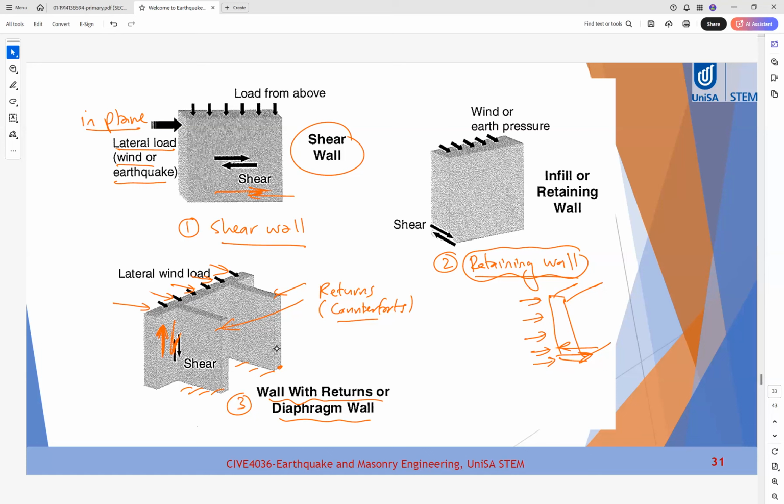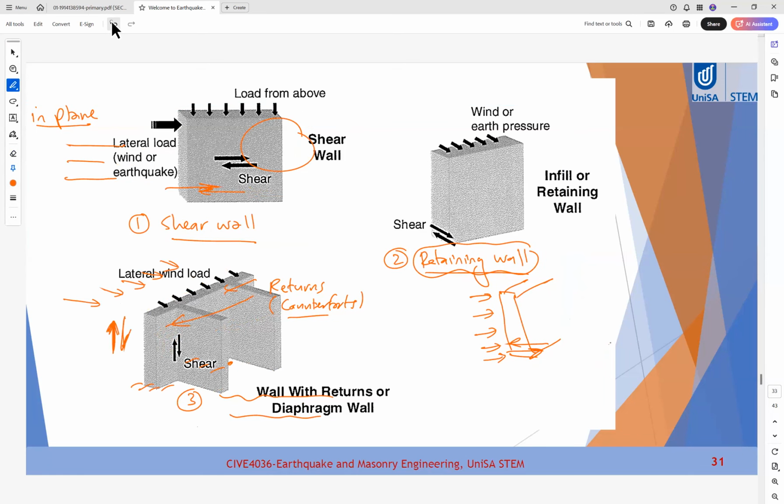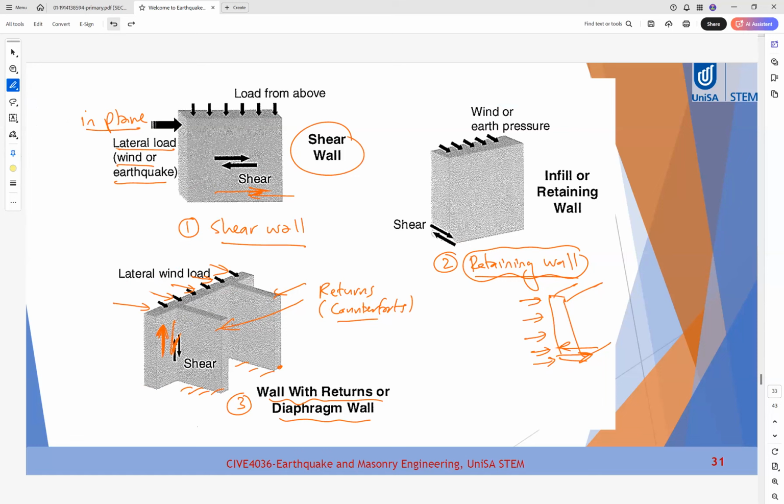This wall is called a wall with returns. The one we are studying now is this one: a shear wall, which has in-plane load and load from above, or compression.